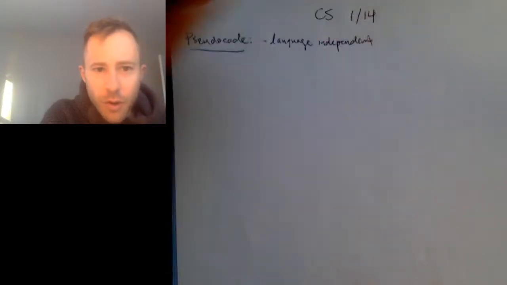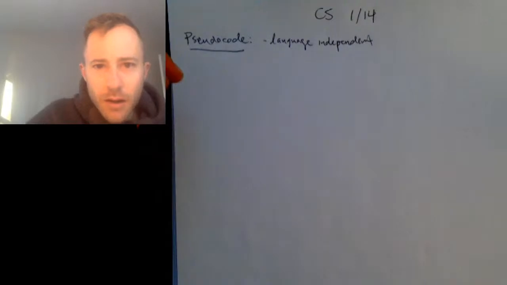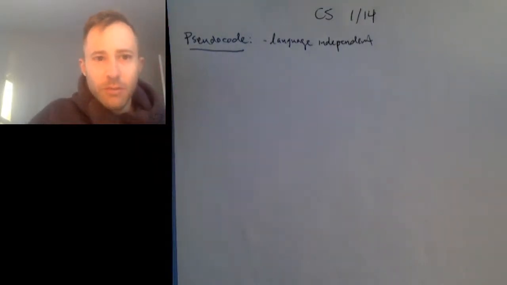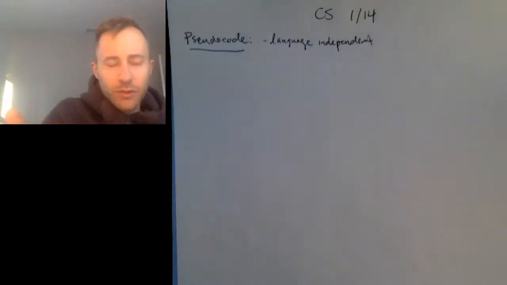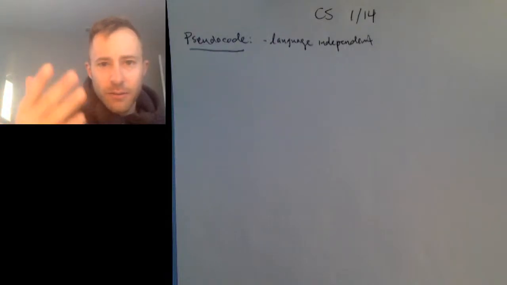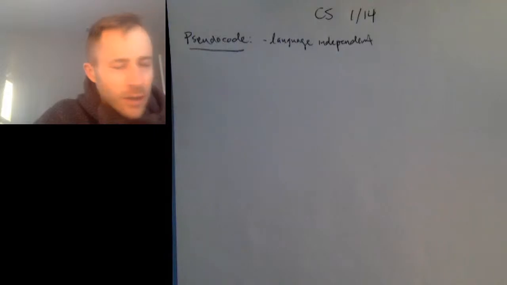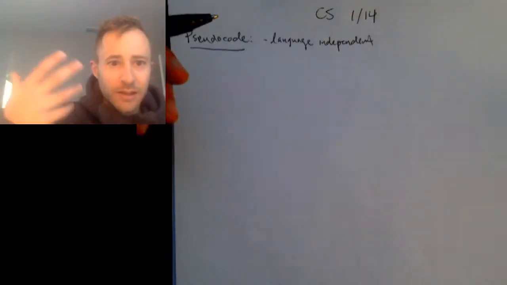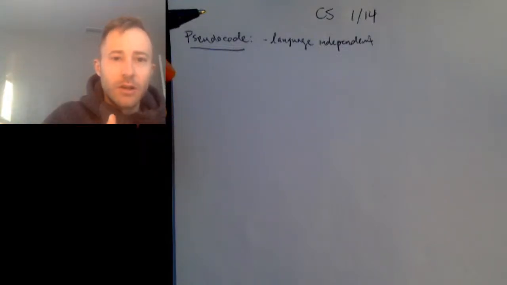So basically, no matter which programming language you specialize in, you should be able to just read pseudocode and kind of get the idea of what's happening. Okay. So it's a way of describing algorithms that's language independent and easily understandable.